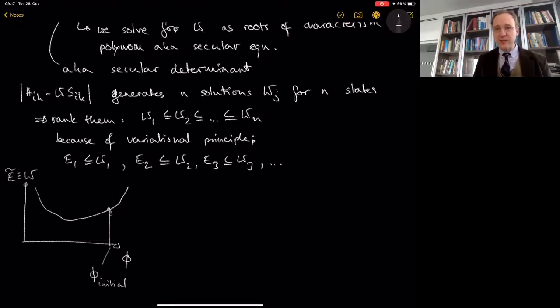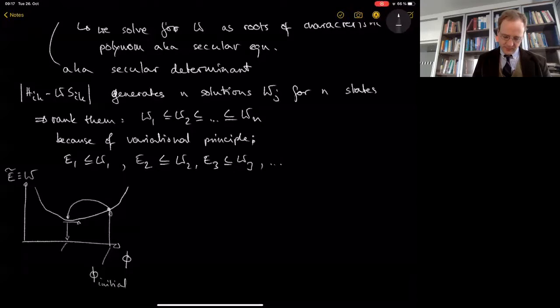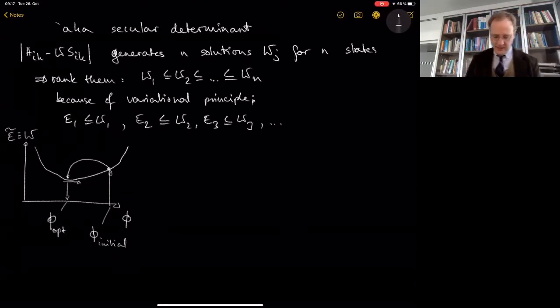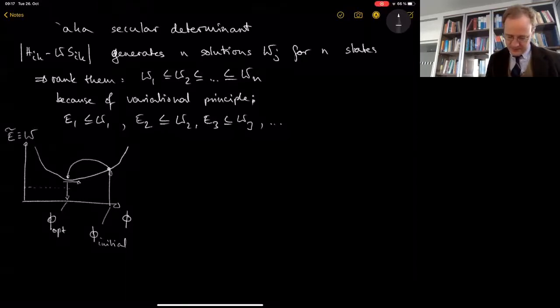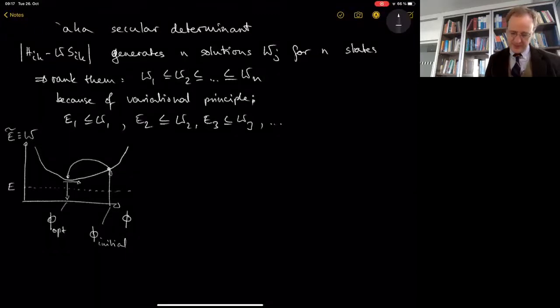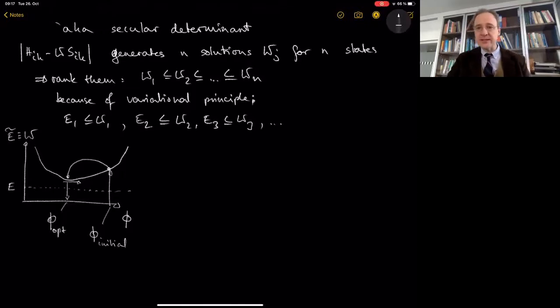the variational principle allows us, by imposing that the gradient be 0, to identify a phi optimum. And we know that the corresponding energy must be above the true energy. Okay, so that's how close you can get.